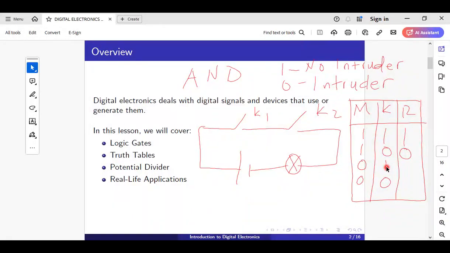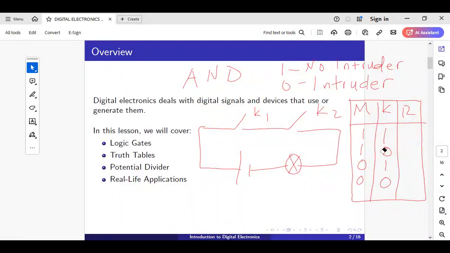Let us be realistic. If the main gate is closed and the Kabanyolo gate is open, shall we have intruders or no intruders? In fact, let me go back now.